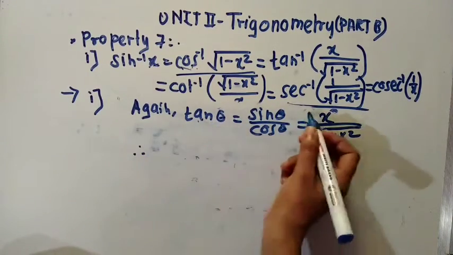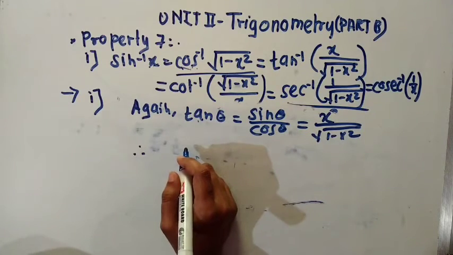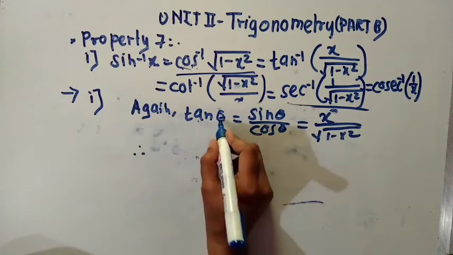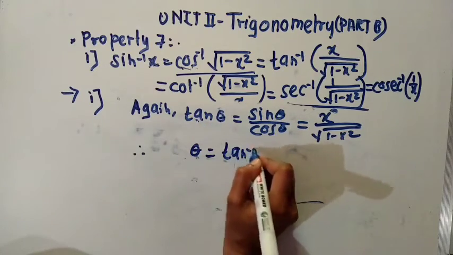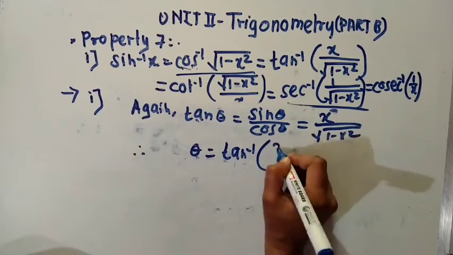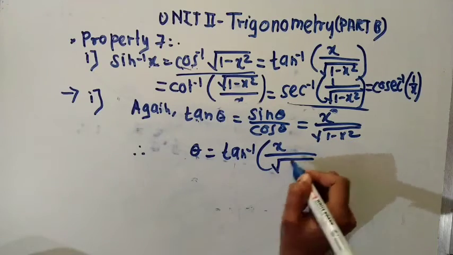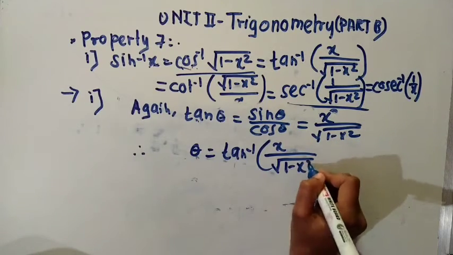Hence, by finding out this equation, theta is equal to tan inverse of x upon root 1 minus x square.